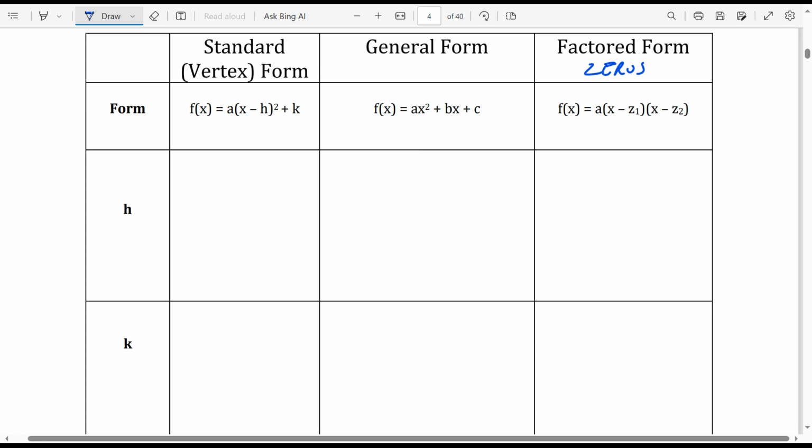So what this is showing you is if I was given a question in standard form, and reading through the word problem, because these are all going to be big word problems, different scenarios, and I had to find the h value, how would that look if the question was presented in standard form versus general form, and how would I do it if it comes to factored form?